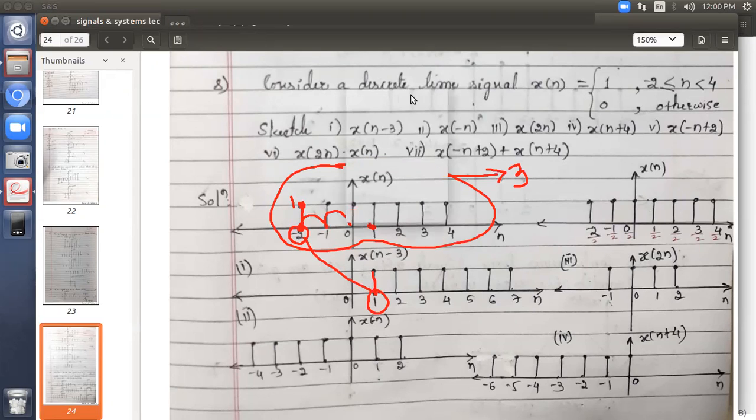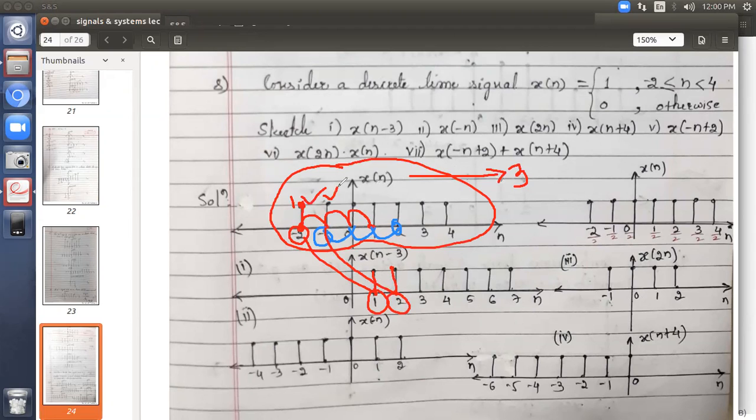Next, take the next point. Shift by 3 amounts: 1 shift, 2 shift, 3 shift. Now we arrive at 2, so at 2 I have drawn the next. Likewise, how many times does this shift have to be done?